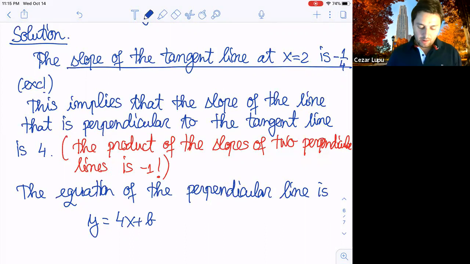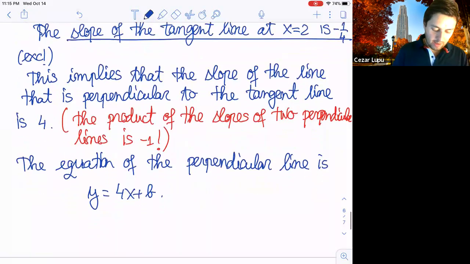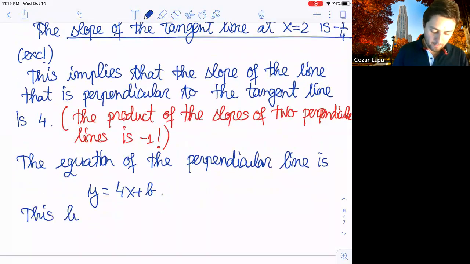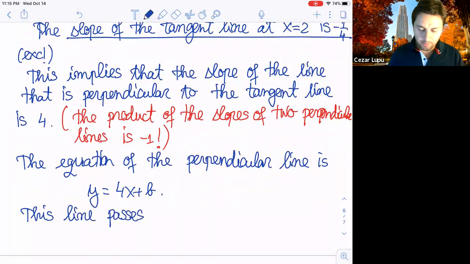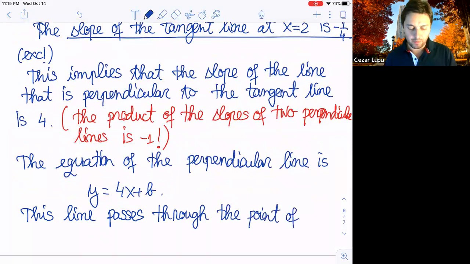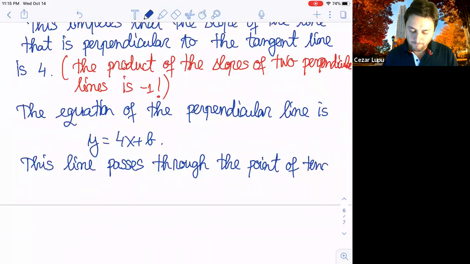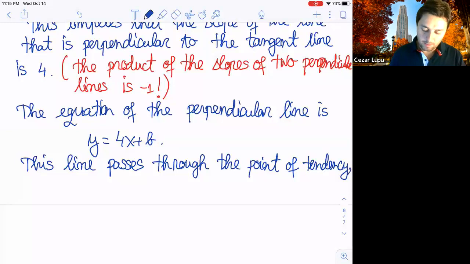Okay, great. Now we know that this line passes through the point of tangency. So this implies that x equals 2, and so f of 2 is 1/2.